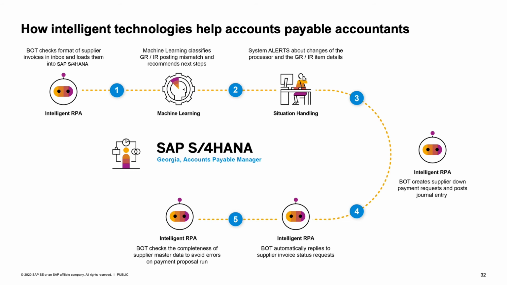The SAP technology for situation helps if there are changes on the processes and the GR/IR item details, then the bot creates the supplier down payment request and posts the journal entry. The SAP Intelligent RPA also automatically replies to supplier invoice status check requests and checks the supplier master data to avoid any errors during the payment proposal runs.